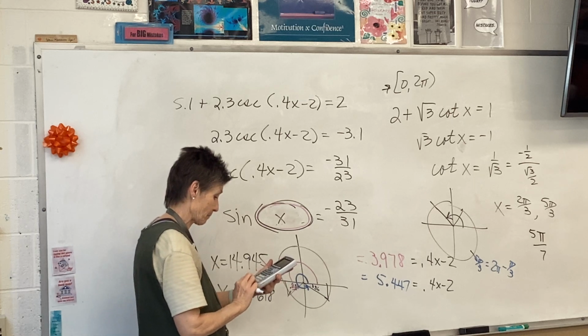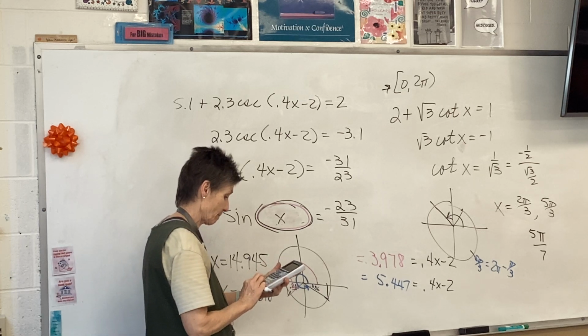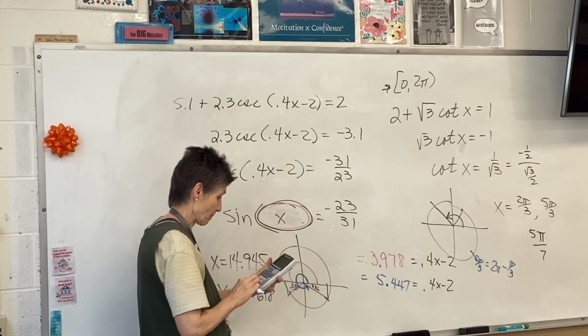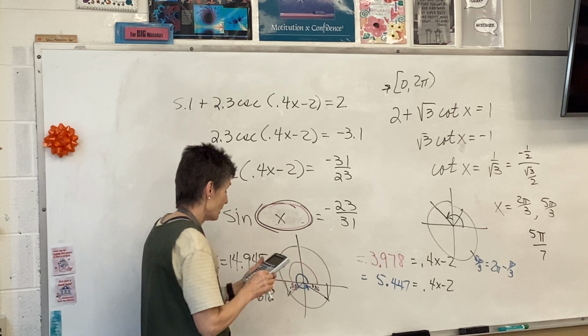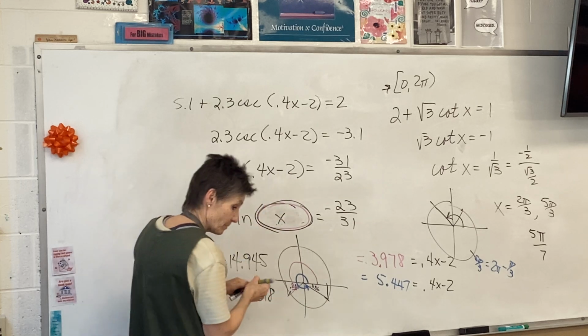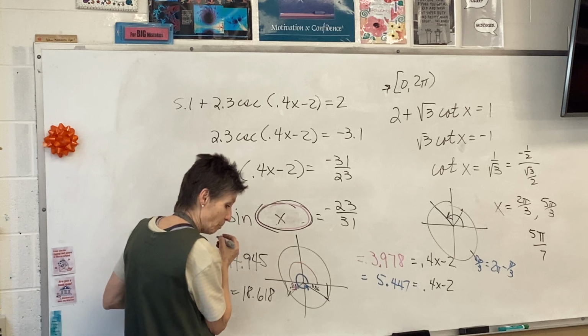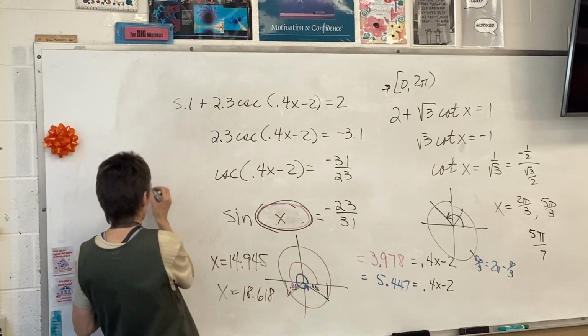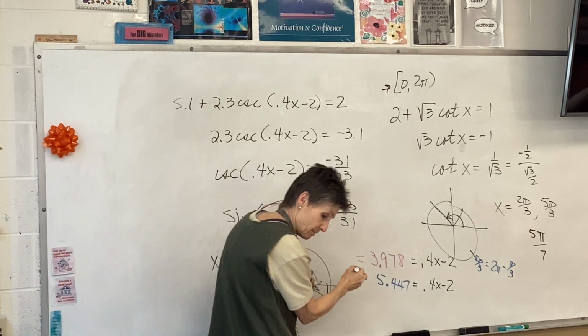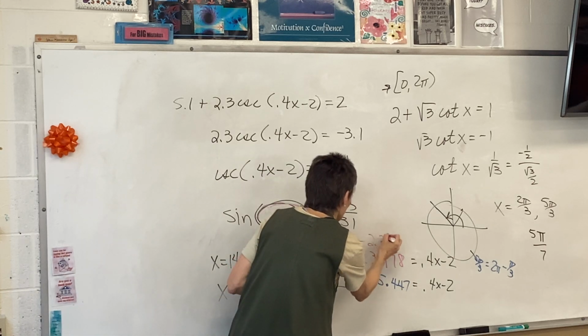3.978 minus 2 pi. So another pink option could be negative 2.305. Another pink option, negative 2.305.